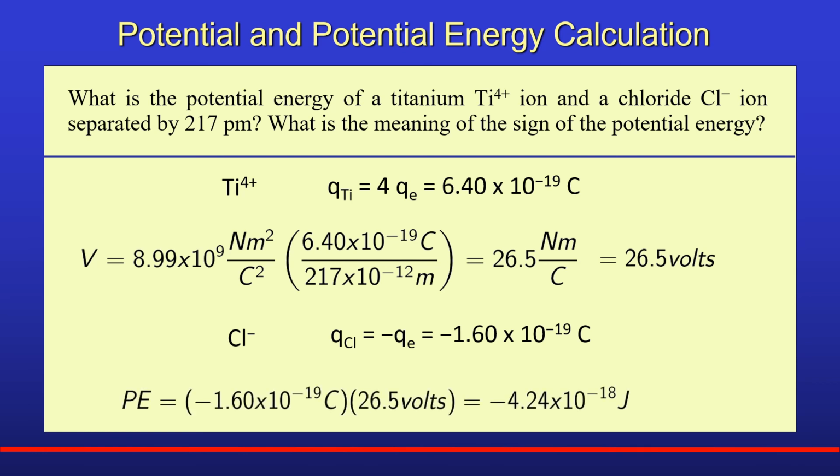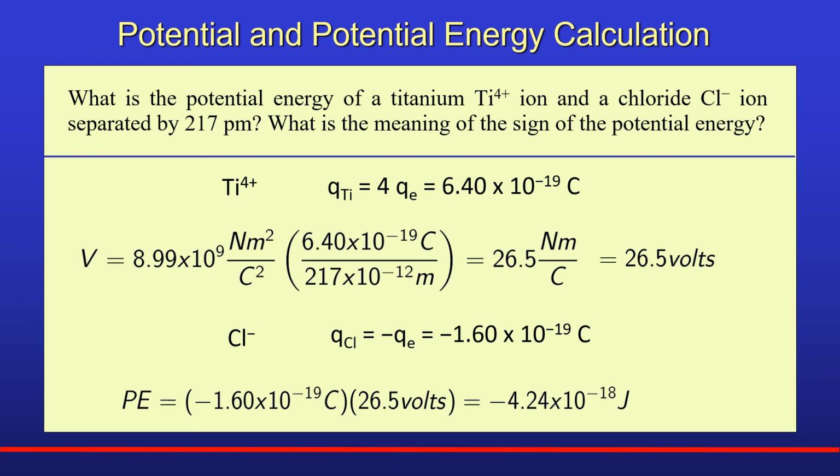Potential energy of that pair of ions will be the charge of the chloride times the potential from the titanium ion, the 26.5 volts. The answer is minus 4.24 times 10 to the minus 18 joules.